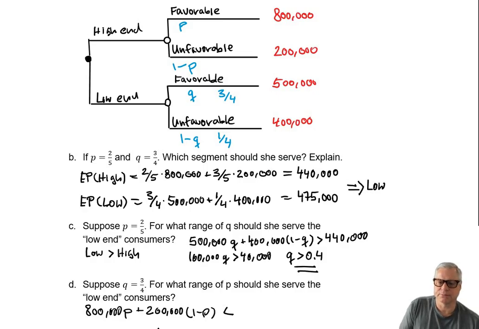And because the probabilities are the same, we can just take that value, 475,000, which we already calculated earlier.